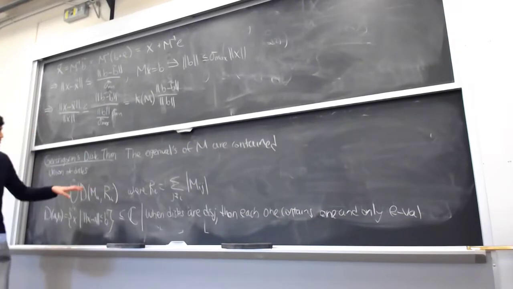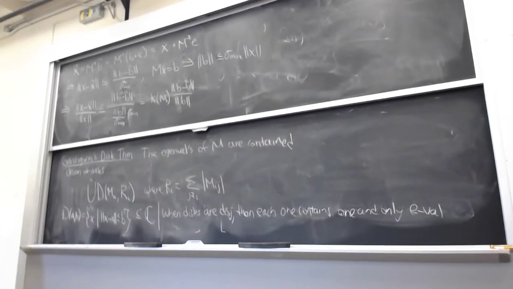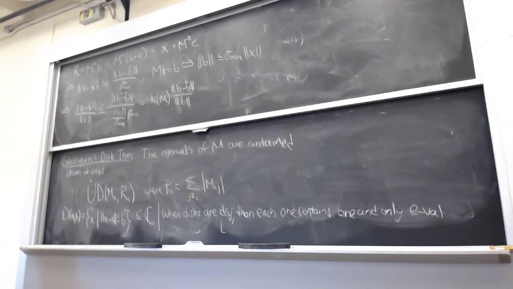So the way to think about this is, what if I gave you a diagonal matrix whose diagonals were distinct? And then I have a small enough perturbation so that around each of those diagonal entries, those disks are disjoint.